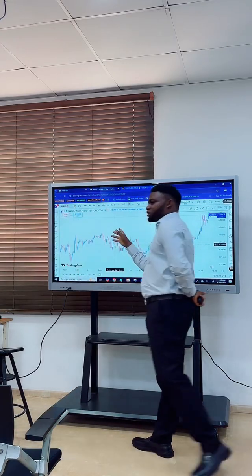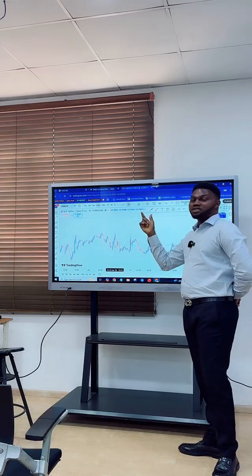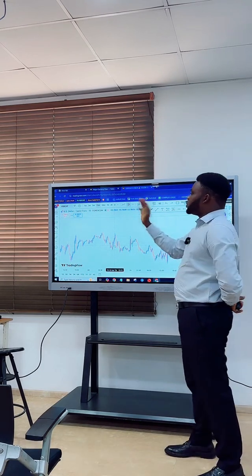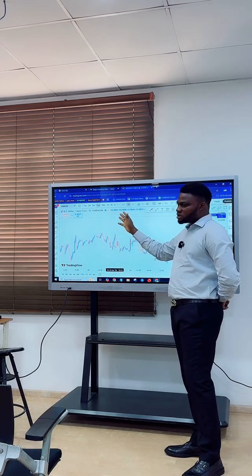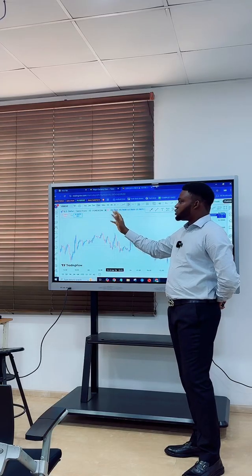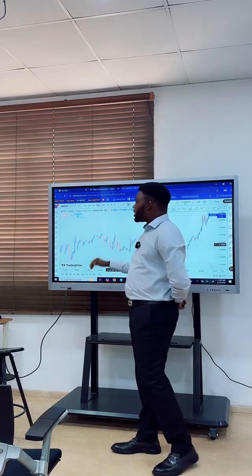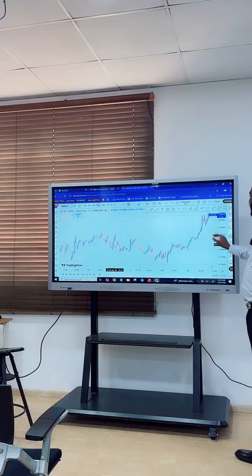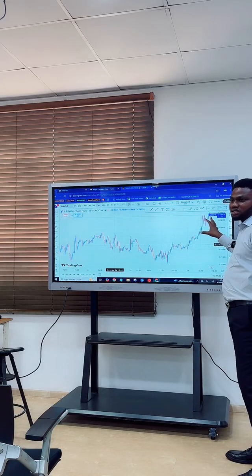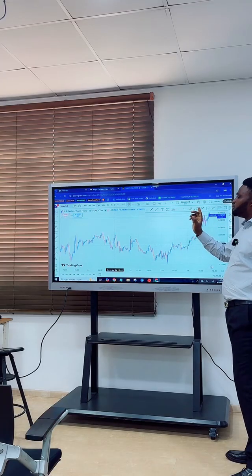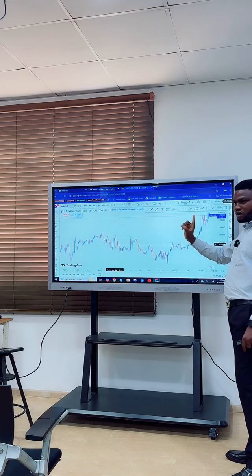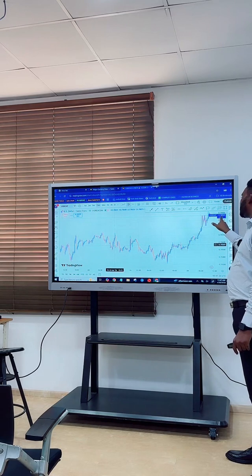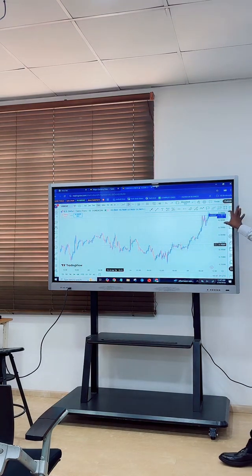Now, this is another chart, another pair. We have USD/CHF. I hope those who are online can understand this as well. In USD/CHF, the base currency is what? The US dollar, right? And the quote currency is the Swiss franc, CHF. That means that on this chart at the moment, for us to purchase $1, 1 unit of dollar, we are going to need 0.78968, which is the current price.